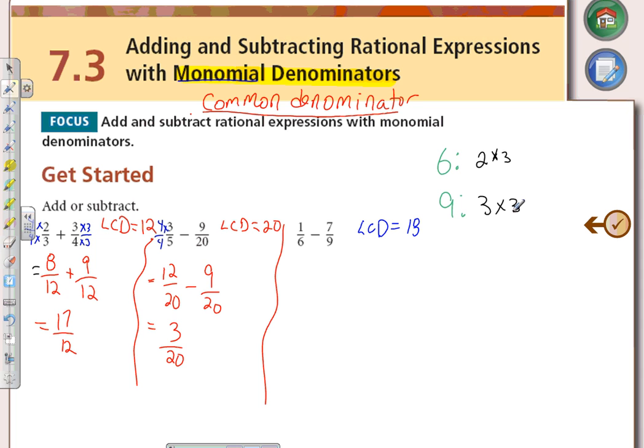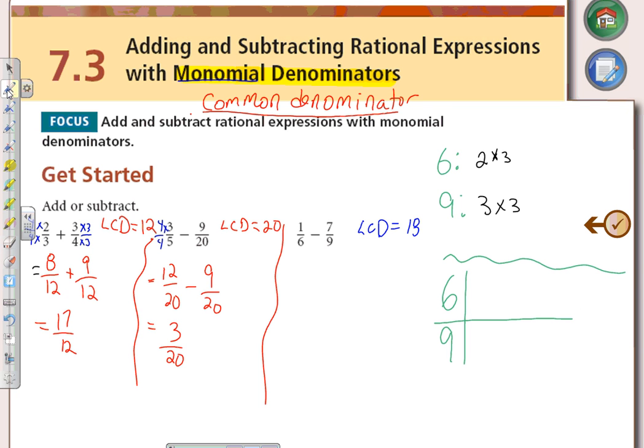We need to find out what is going to actually be common between them. So this is what I would recommend for you. And I'll show you. It's a little bit confusing when you first start, but keep at it and it'll make a lot more sense.